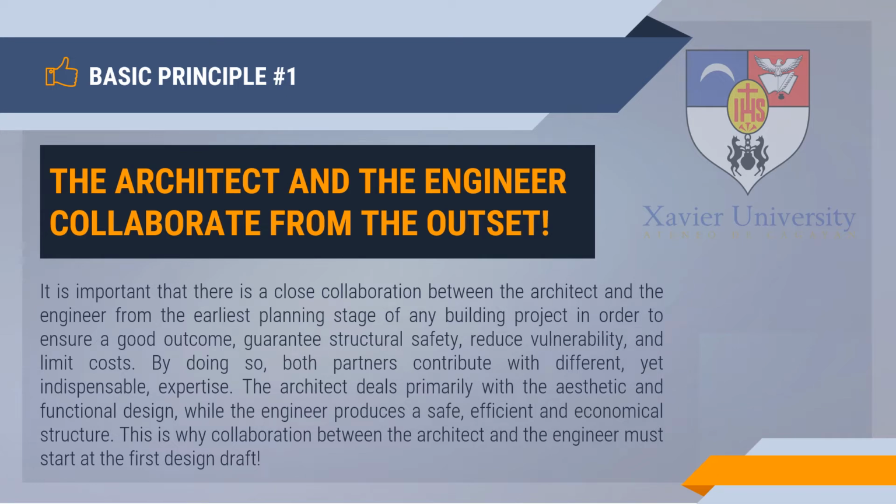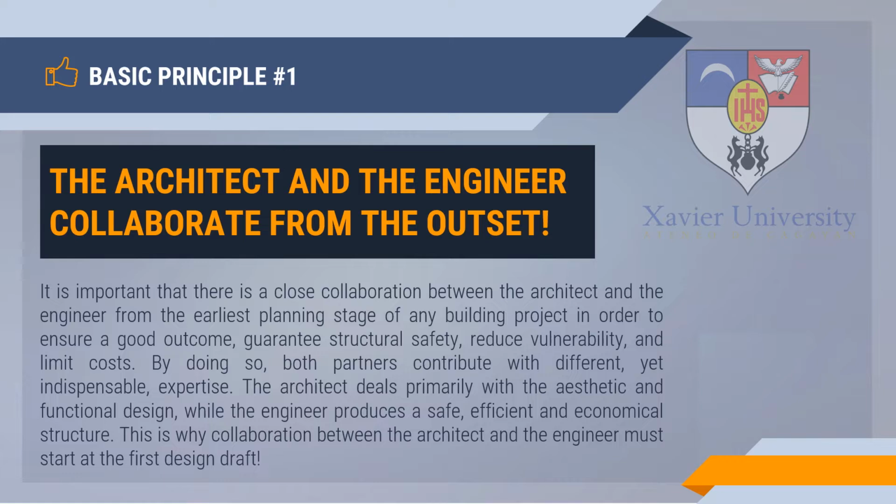So it is important that there is a close collaboration between the architect and the engineer from the earliest planning stage of any building project in order to ensure a good outcome, guarantee structural safety, reduce vulnerability, and limit costs. By doing so, both partners contribute with different yet indispensable expertise.